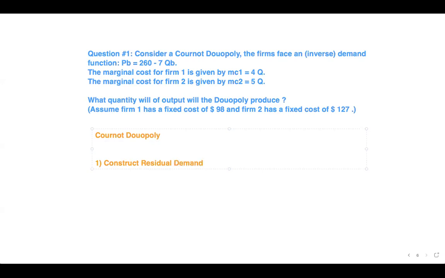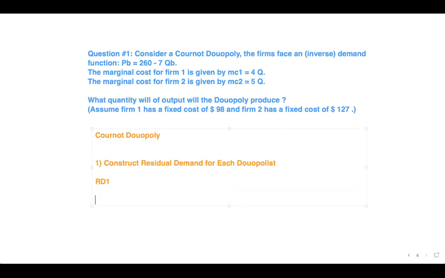You're going to need a residual demand curve for each duopolist, so a residual demand for firm one, and a residual demand for firm two.